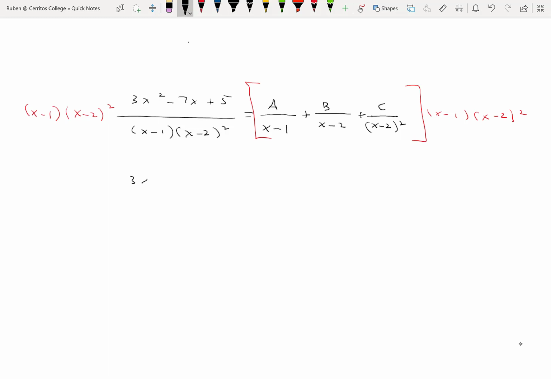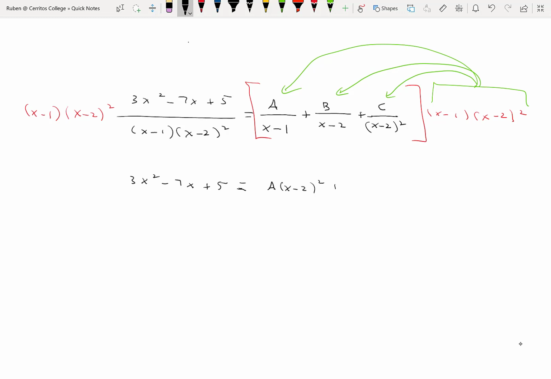I get 3x squared minus 7x plus 5 on the left-hand side, and I distribute x minus 1 times x minus 2 squared into the three terms with a, b, and c as numerators. In the first term, I get a times x minus 2 squared, plus b times x minus 1 times x minus 2, plus c times x minus 1.